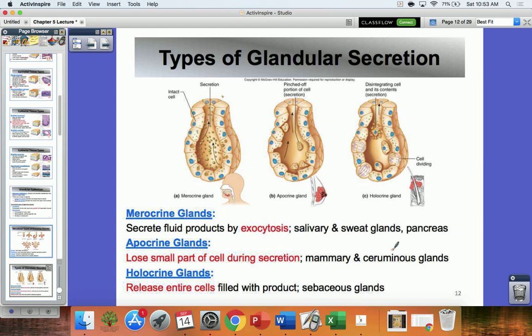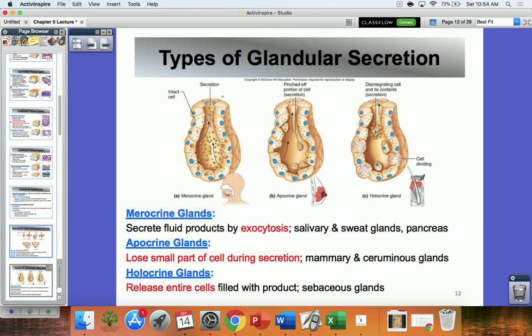And then we have holocrine. I kind of think holocrine, whole. And so the entire cell comes out for this one. And so this is going to be sebaceous glands. You may not know what sebaceous glands are at this point, but sebaceous glands are our oil glands, and they secrete sebum or oil from the glands that are within the skin.